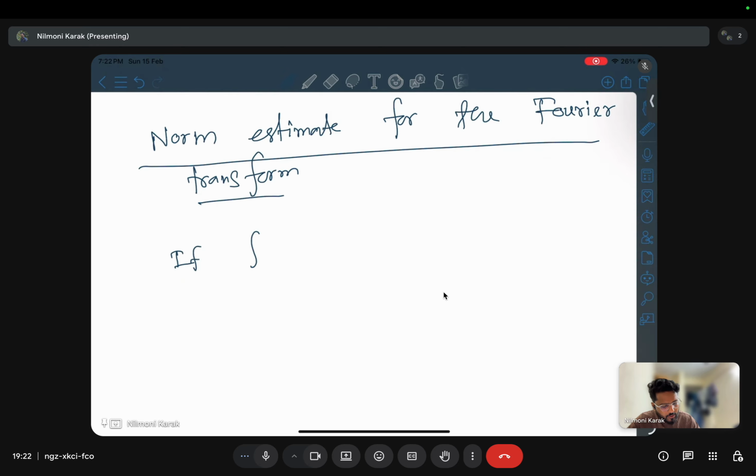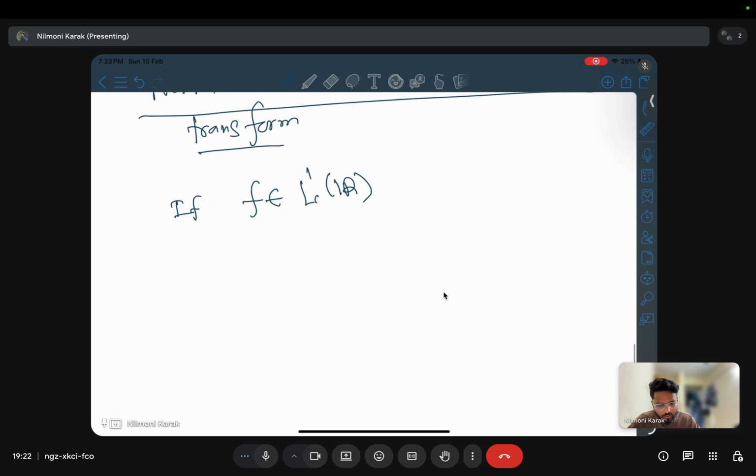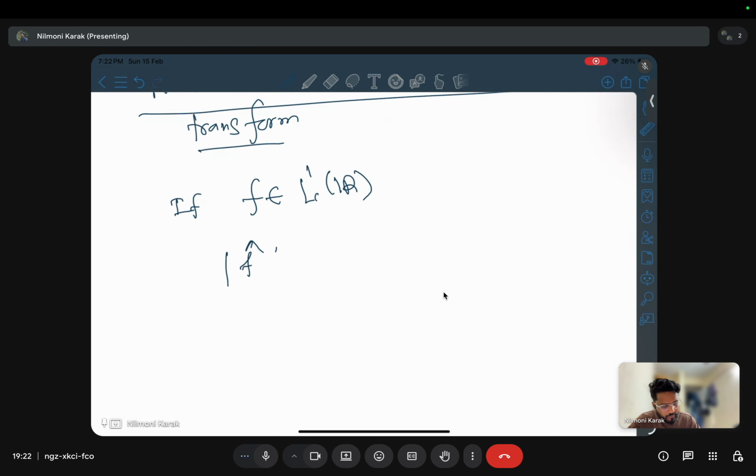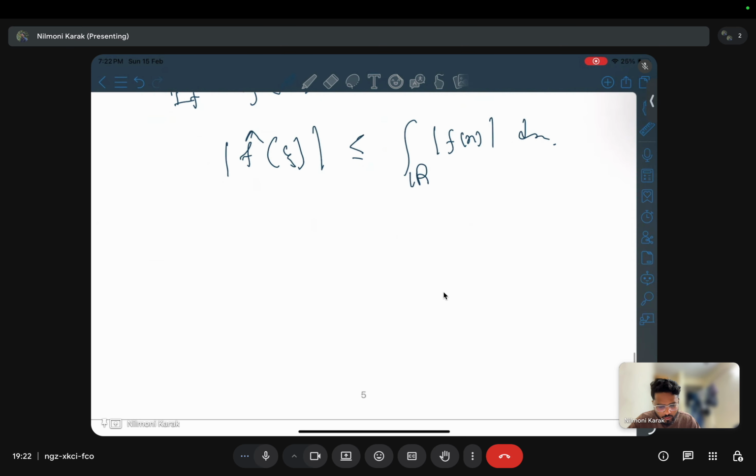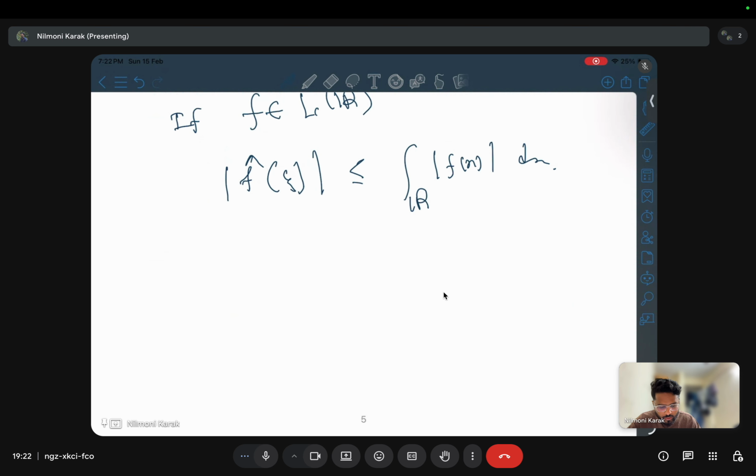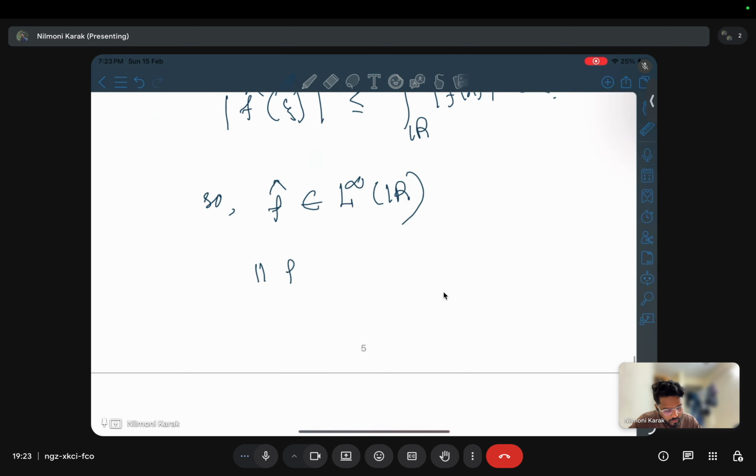If f is in L1(R), then the Fourier transform lands up in L infinity, so f hat is in L infinity(R).